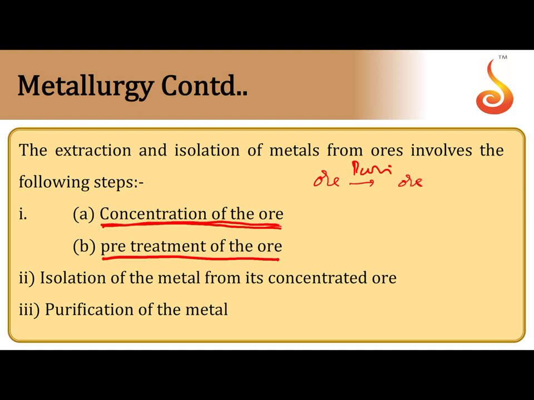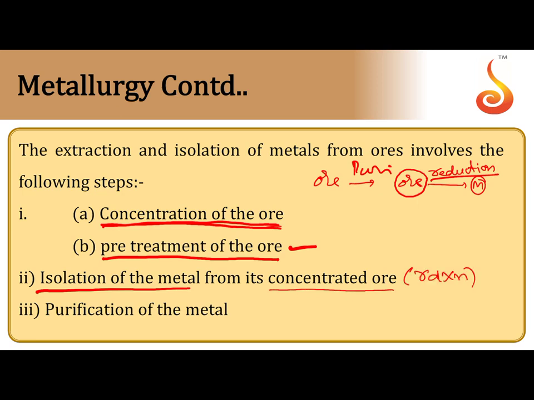After the purification, from the ore, metal is extracted by the reduction process. Sometimes before the reduction, ore is subjected to roasting, calcination or smelting. They are pre-treatment of the ore. Next, isolation, extraction of the metal from concentrated ore, that process is called reduction.